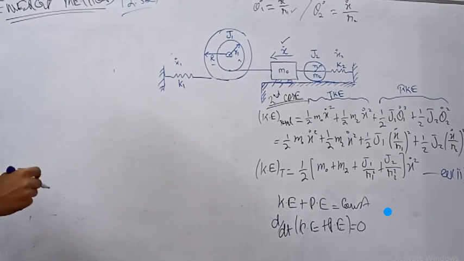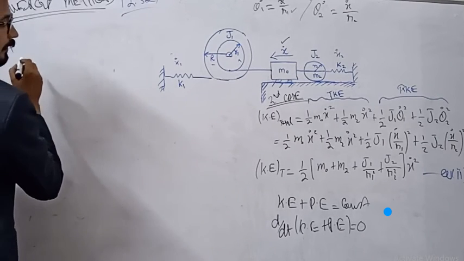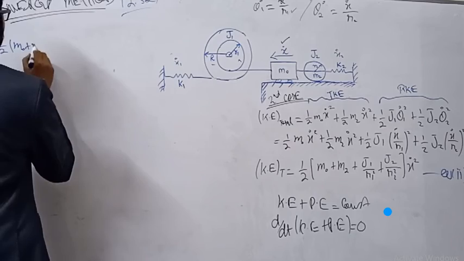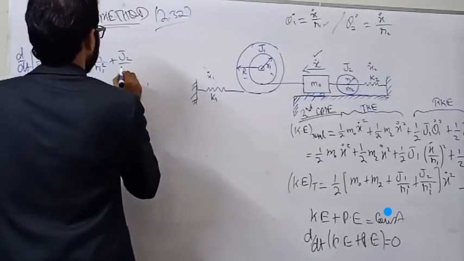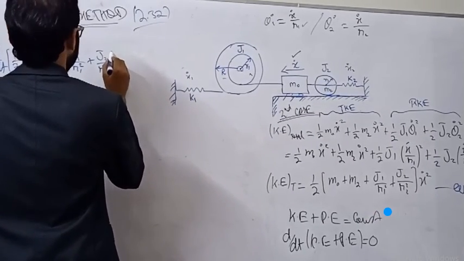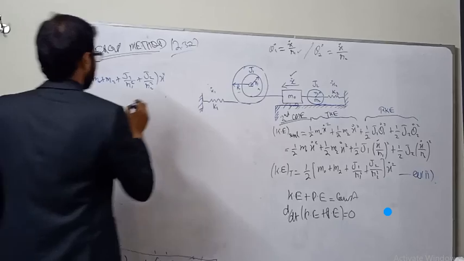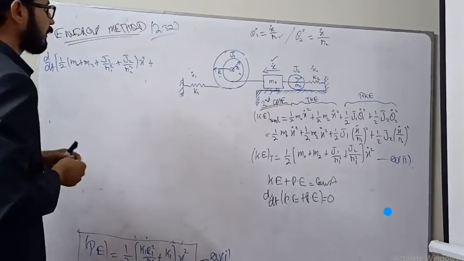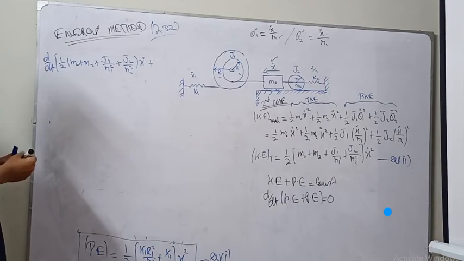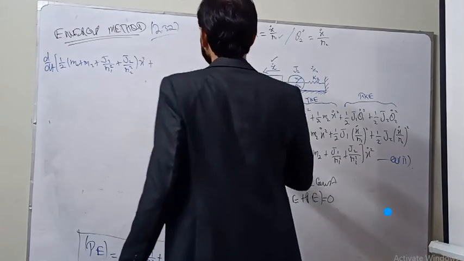First we have kinetic energy, which is half m naught plus m2 plus J1 over r1 square plus J2 over r2 square, times x square. This is the term associated with kinetic energy, plus now we will write the term associated with potential energy. I think I should remove the figure as well.